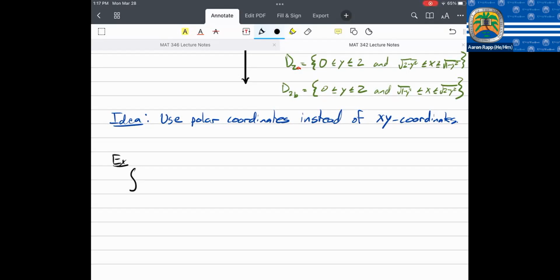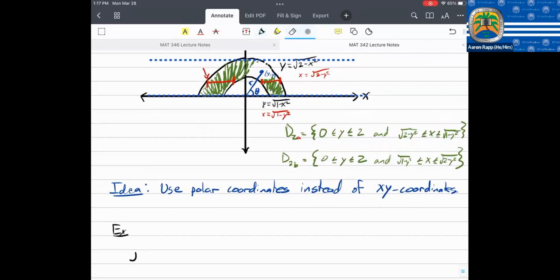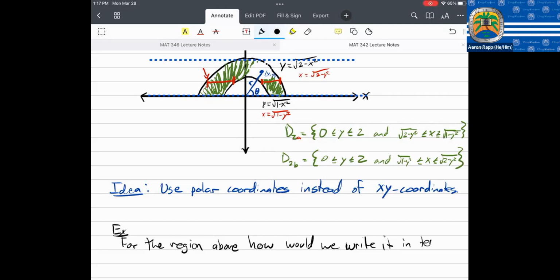What was the example I wanted? I thought I had it remembered. So for that region above, how will we write it instead in polar coordinates?